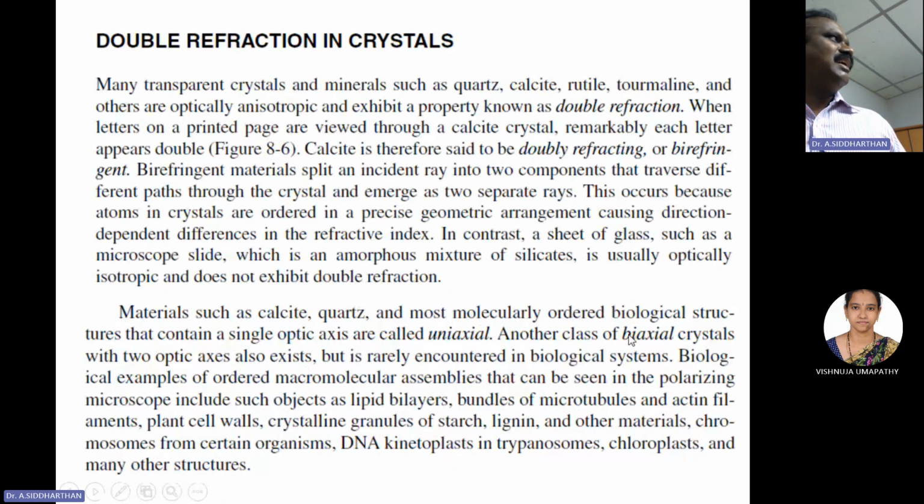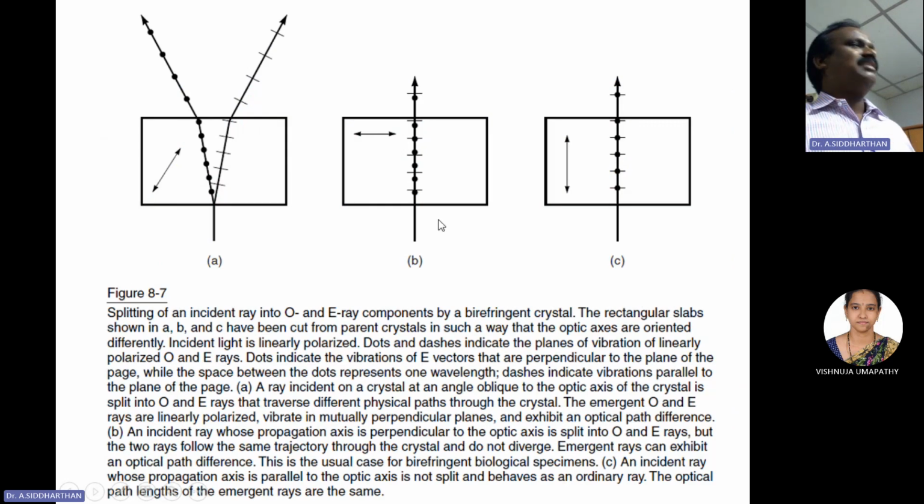Okay. So there is another class, biaxial crystals, where two optic axes exist, and this is related to biological systems, which also act like a polarizer and analyzer built into the material itself. It will have an effect. Okay. So light by reflection gets polarized, and by refraction it also gets polarized.